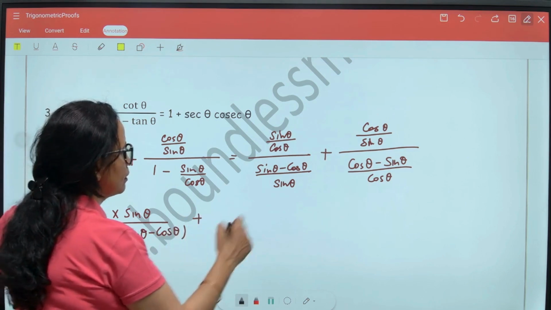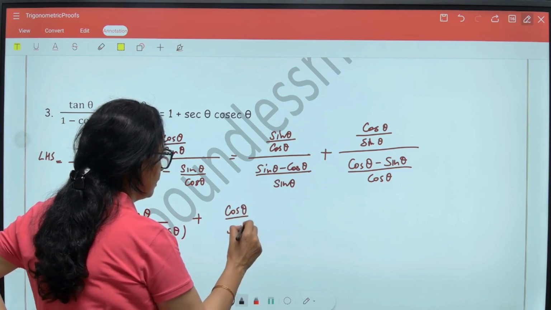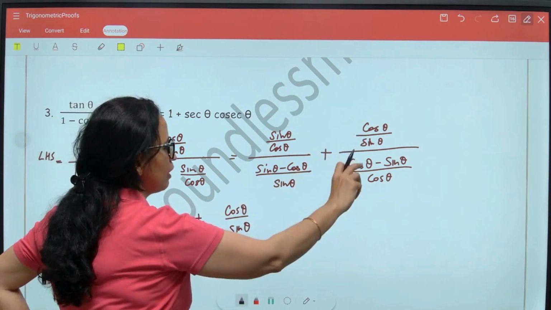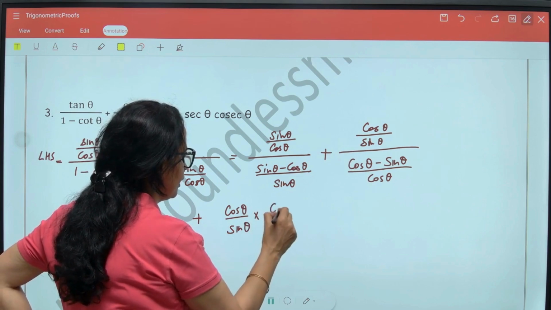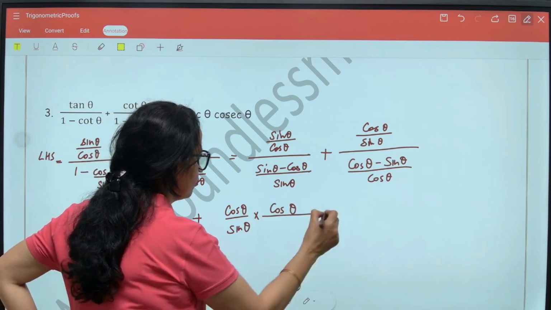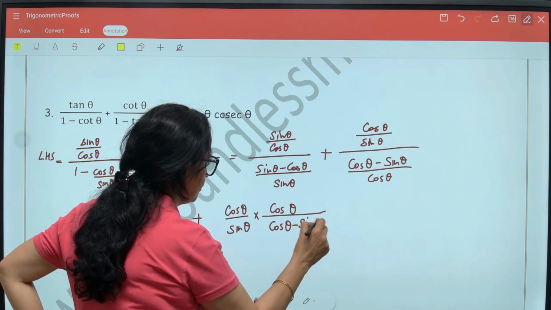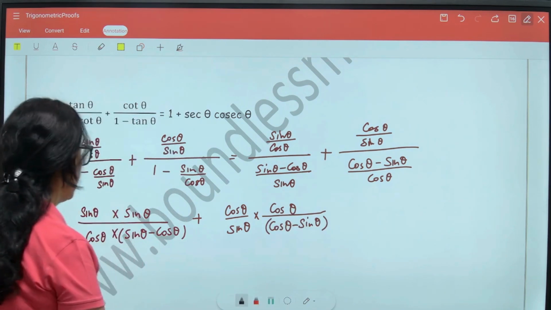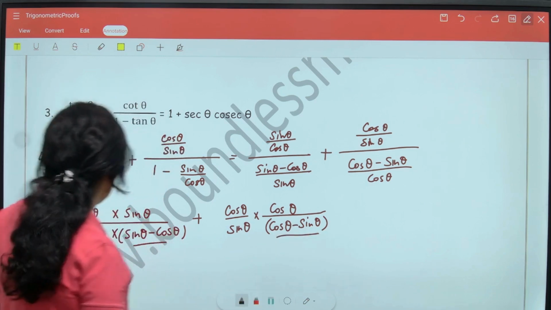Plus cos theta by sin theta. Again this fraction being divided by this fraction, so multiply by inverse of denominator, cos theta upon cos theta minus sin theta, right? Now here we have sin theta minus cos theta, here we have cos theta minus sin theta.